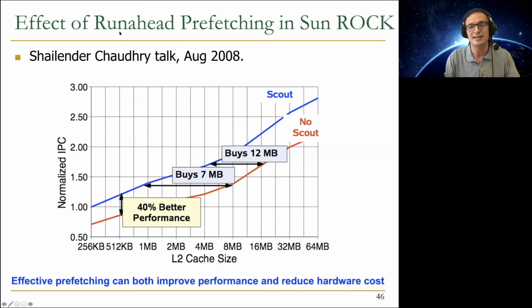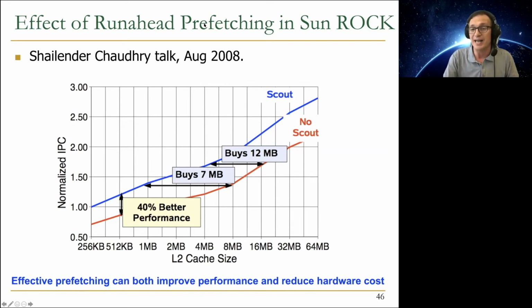This is actually data presented by Sun Microsystems engineers, which became Oracle later on. But basically, they said that if you keep the cache size at 512 kilobytes for their commercial workloads at the time, if you do Runahead prefetching, you get about 40% better performance. But you can actually play other tricks. For example, if you have an 8 megabyte cache size, if you don't do prefetching, you get some performance.